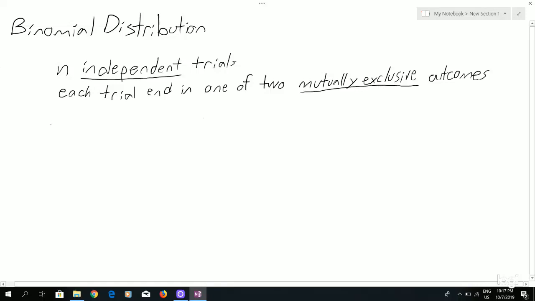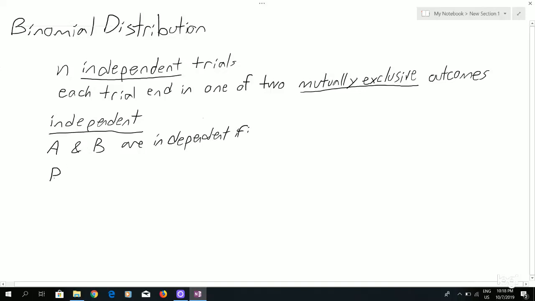A and B, two events, are independent if the probability of A given B is equal to the probability of A. This is a review of the probability videos.